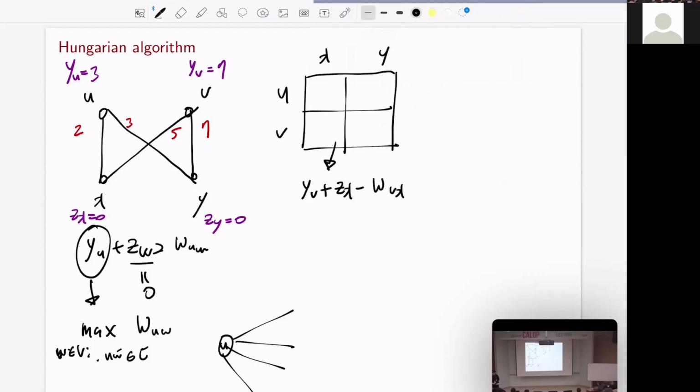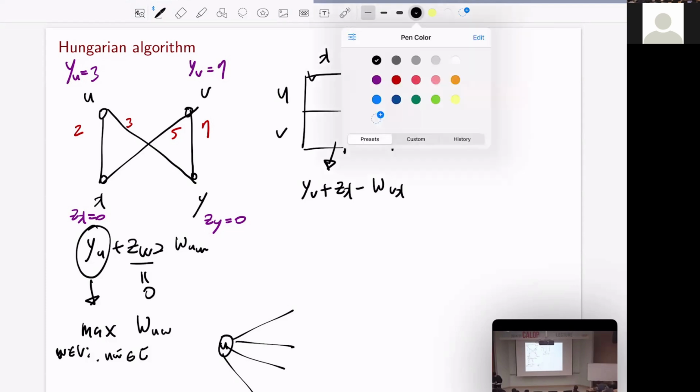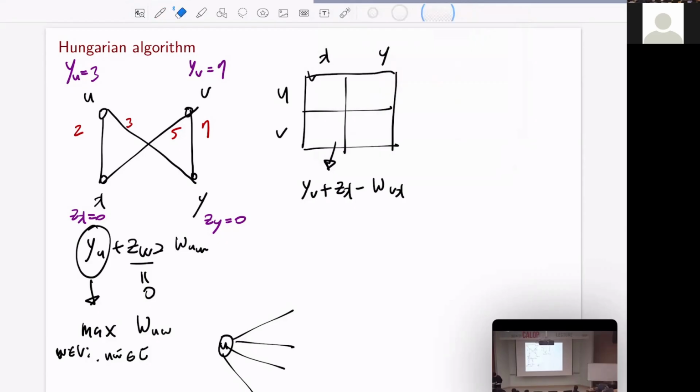We're going to record this value for each entry of this table. So let's look at the first box. yu plus zx minus wux will be 3 plus 0 minus 2. yu equals 3, zx is 0, and wux is 2.